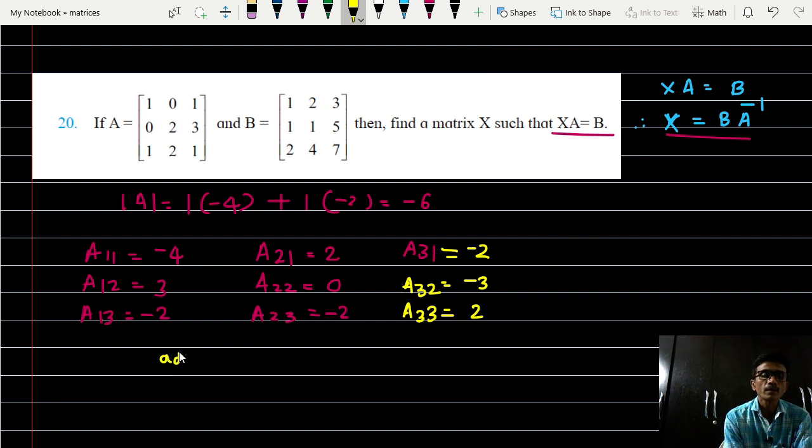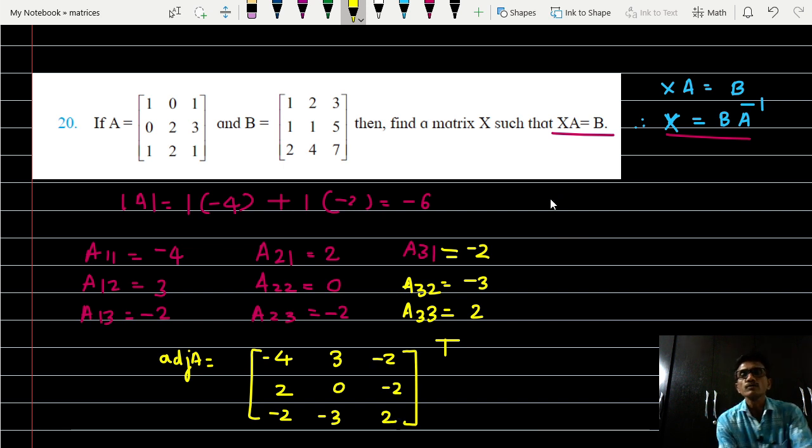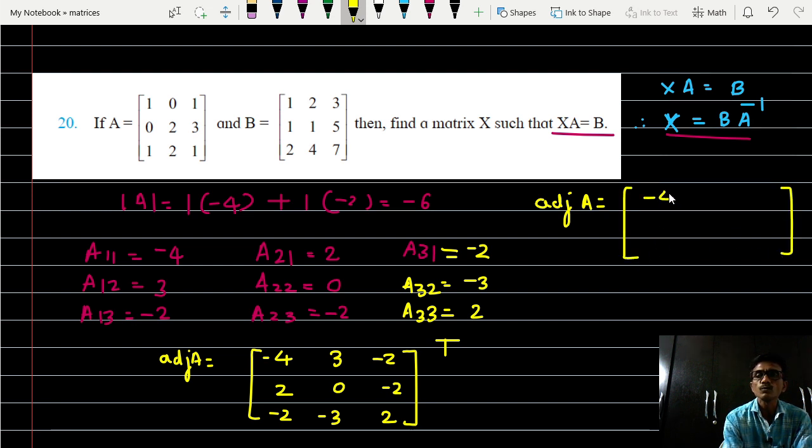After getting all co-factors, आपको लिखना है adjoint of A is equal to transpose of the matrix of co-factors. A11 is -4, A12 is 3, A13 is -2, A21 is 2, 0 or -2, -2, -3 or 2. What will be the adjoint? Then adjoint of A is equal to transpose of this matrix -4, 3, -2, -2, -3, 2, -2, -2.